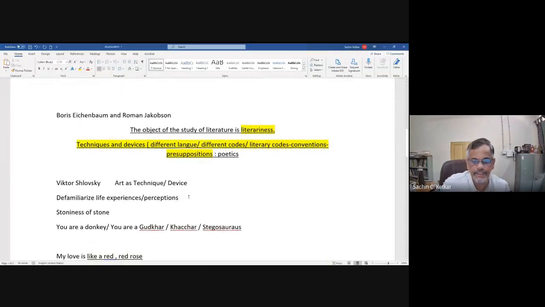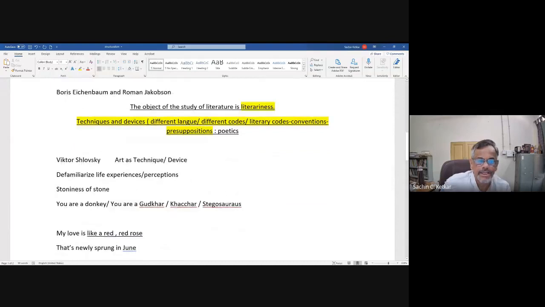And what do we mean by poetics? Remember what we discussed yesterday? Eichenbaum and Jakobson say that the object of study of literature is literariness, which is techniques and devices, different codes, conventions, and this is called poetics.